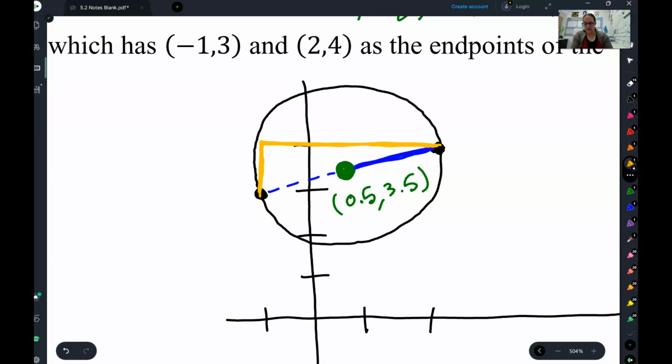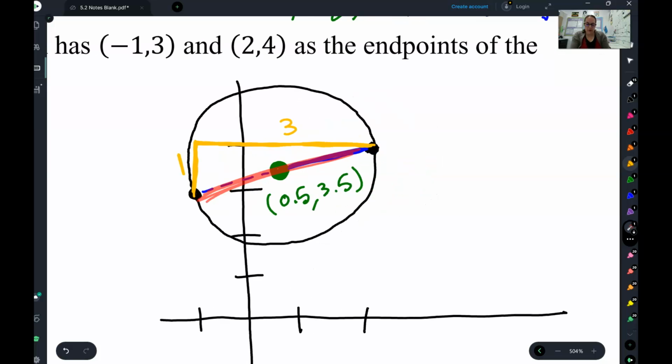I know that this side length is 1 long, because there's 1 space between the y's. And I know this side length is 3 long, because it's 1, 2, 3 between the x's. Now I can use Pythagorean's theorem, a² + b² = c², to find my diameter. So 1² + 3² equals my diameter squared, which is my c².